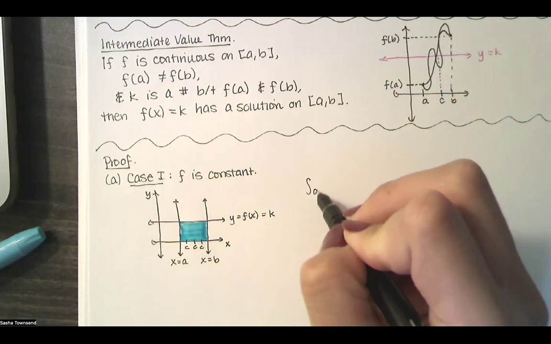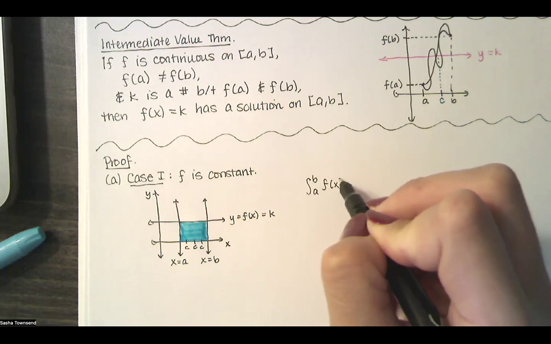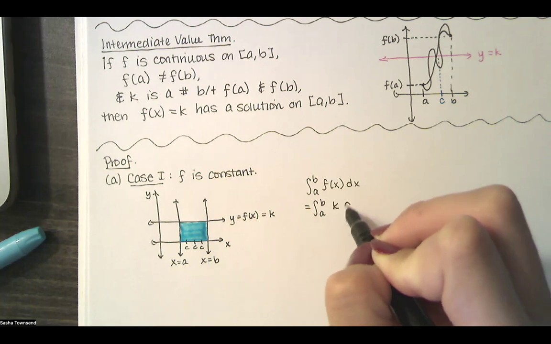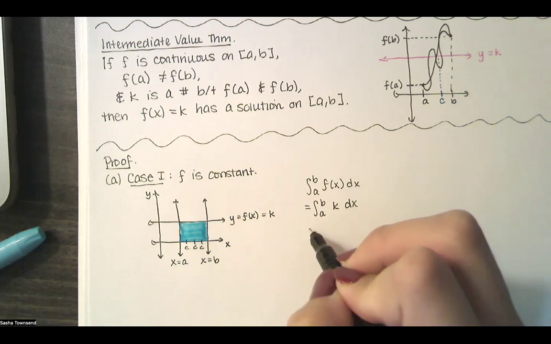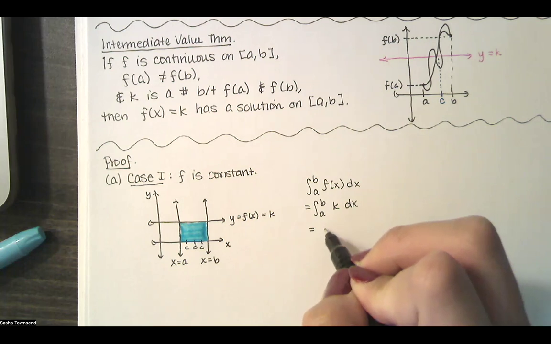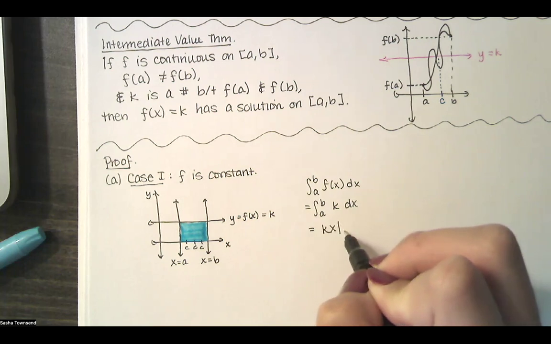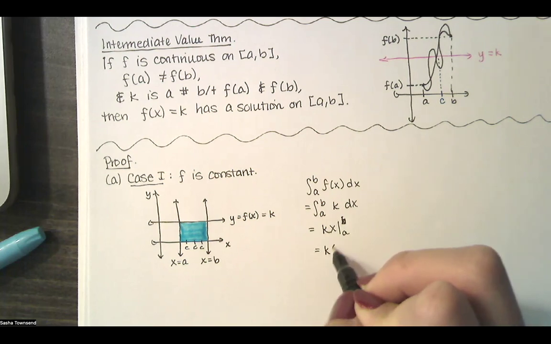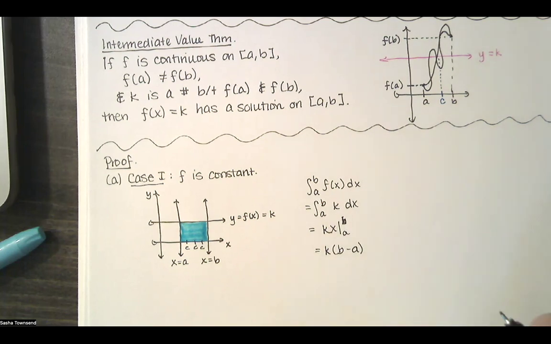So in that case, the integral from a to b of f of x, if we wanted to, we could evaluate it directly. It's the integral from a to b of k. Using the fundamental theorem, if we wanted to, we could say that that's k times x, where x goes from a to b. And then you substitute b minus a.